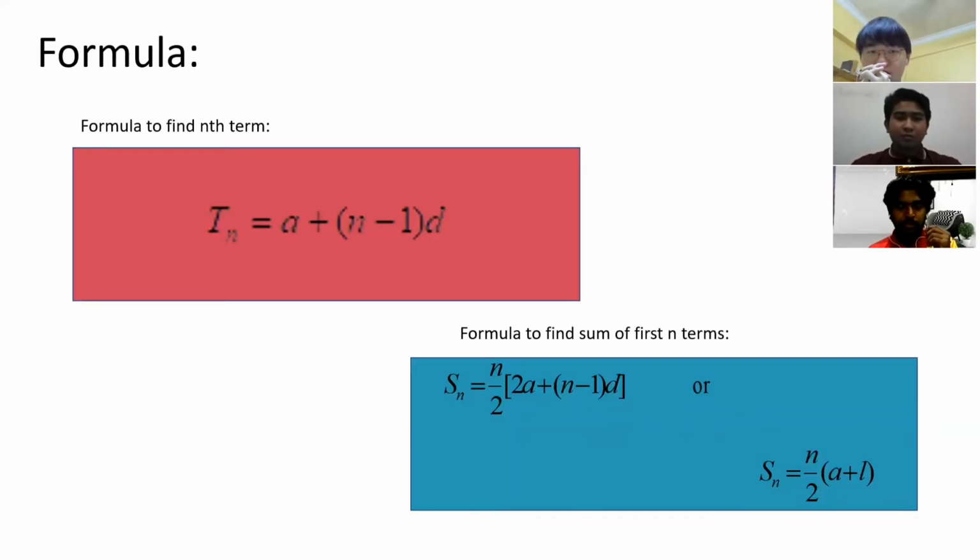Let's look at the second formula. Sn equals n divided by 2 times open bracket 2a plus open bracket n minus 1 close bracket d close bracket. Or we can use Sn equals n divided by 2 open bracket a plus l close bracket. These are the two formulas.